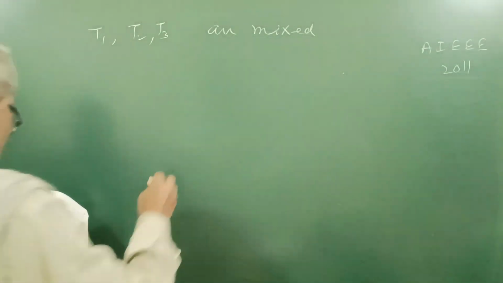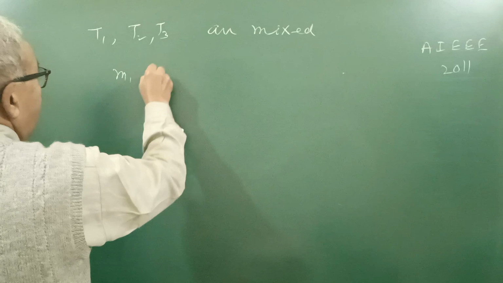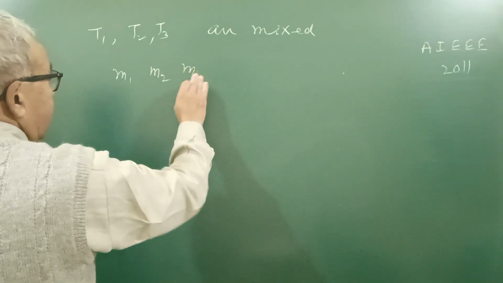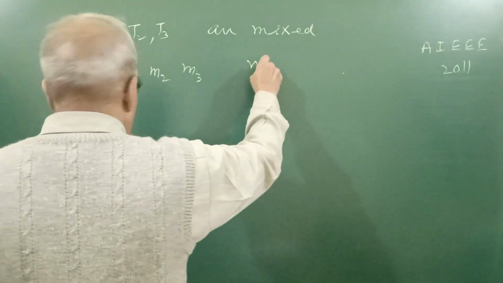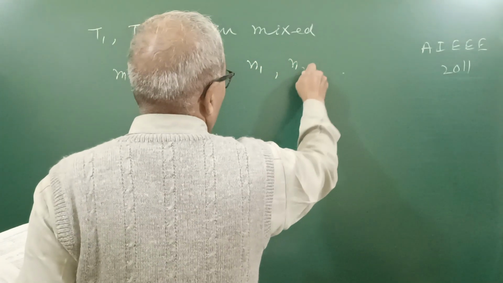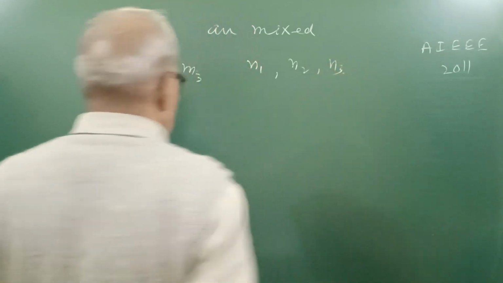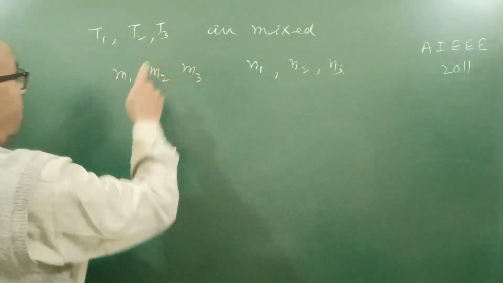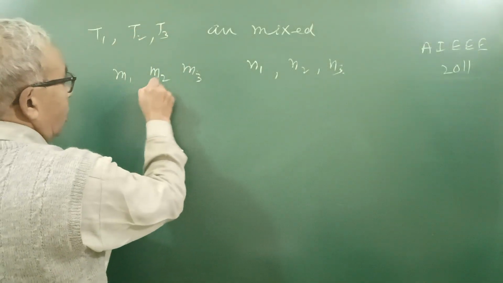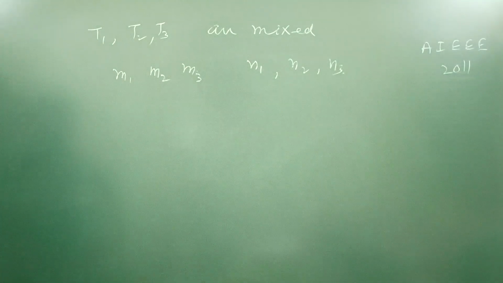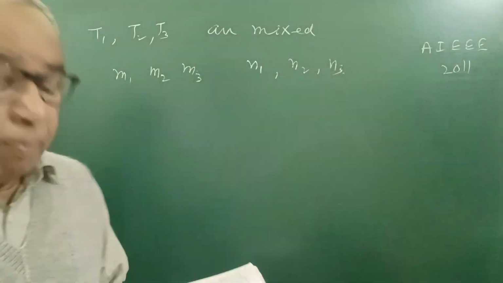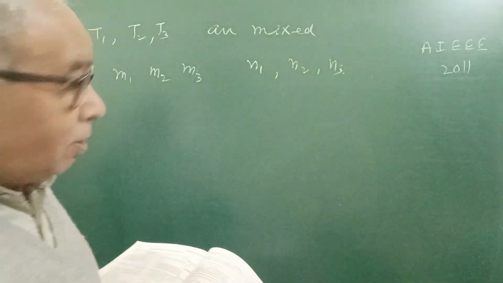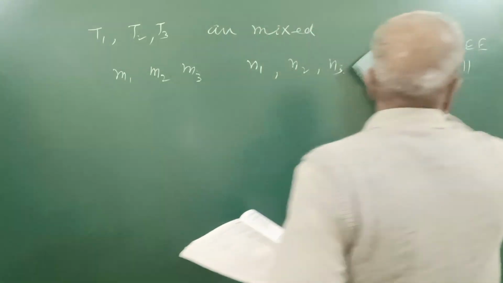The masses of molecules are M1, M2, M3, and the numbers of molecules are N1, N2, N3. If during mixing there occurs no loss of energy, then what is the temperature of the mixture?